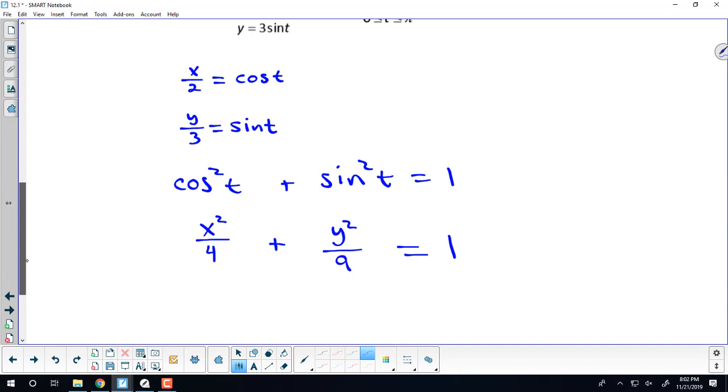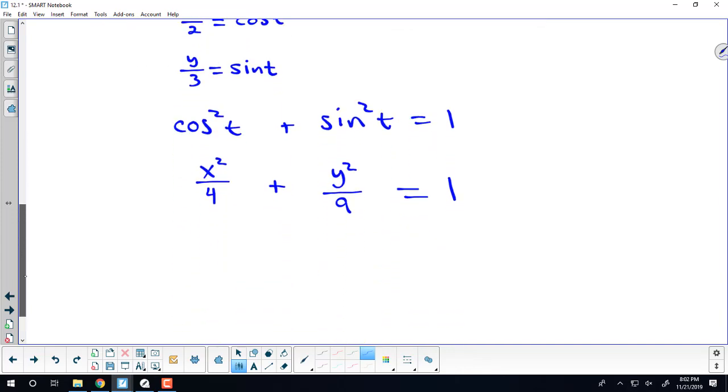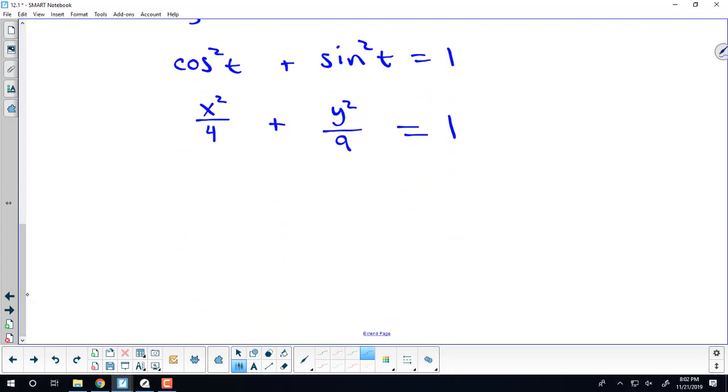So what's that? It's probably been a while. Ellipse, yeah. It's an ellipse. How do we determine what the ellipse looks like? Isn't it the square root of the denominator? The axis length? Is the axis lengths, right? Yep. So the orientation of an ellipse, what's the center, first of all? The center of the ellipse would be at 0, 0, yeah, because it's not x and y minus anything.